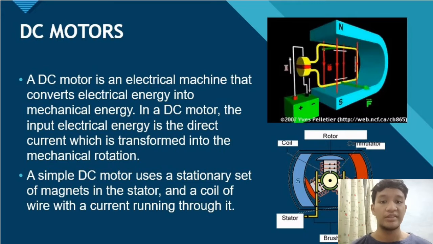A simple DC motor uses a stationary set of magnets in the stator and a coil of wire with a current running through it. As you can see in the diagram, there is a permanent magnet, the stator, and a coil of wire in the middle of the magnet. That is how a simple DC motor looks.